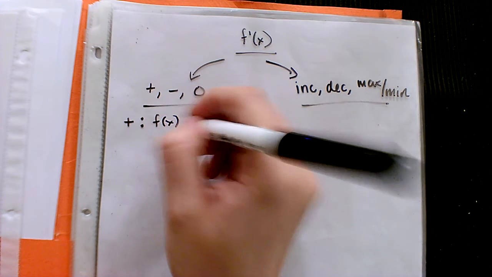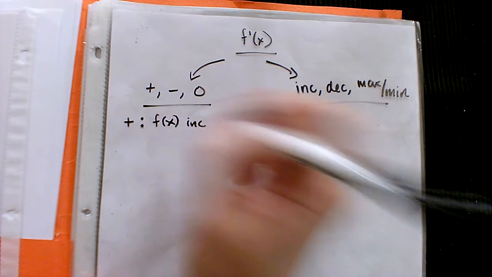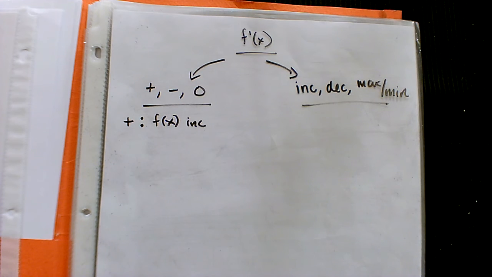F of x is increasing. All right. Do we have a connection to the second derivative if the first derivative is positive? How is the second derivative related to the first derivative?